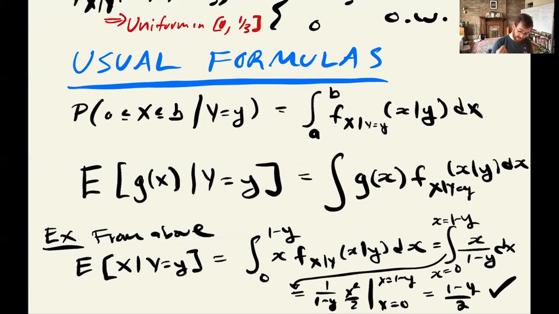So notice a couple of things. One, this function, the expectation of x conditioned on y, is a function of y. So just like we did last lecture, you can ask, well, what is the expectation of this function? Now we're letting y vary, and then we're multiplying by the probability that y equals little y. This is, again, the expression of the law of iterated expectations.